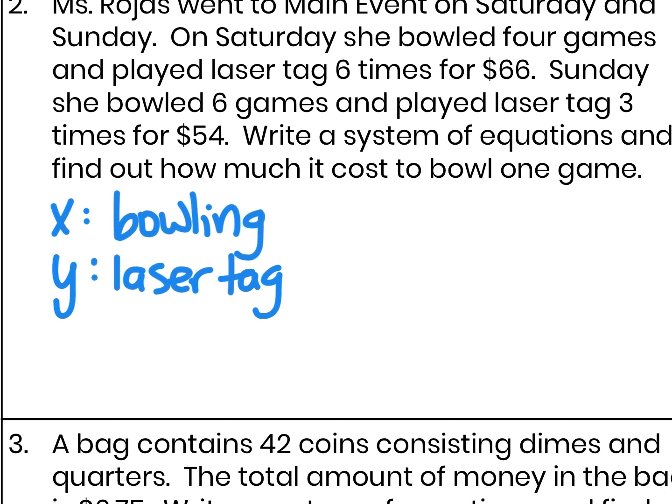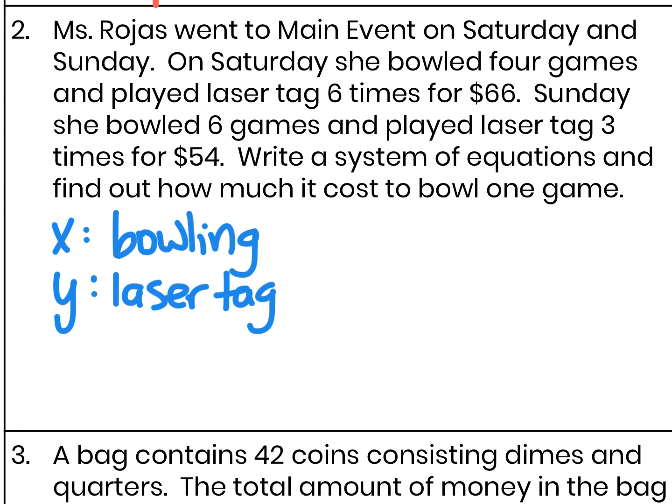Okay, so let's look at Saturday first. It says on Saturday she bowled 4 games and played laser tag 6 times for $66. So since we're using the letter X to represent bowling, and she went 4 times, that would be 4X. And she played laser tag 6 times, so 6Y for laser tag.